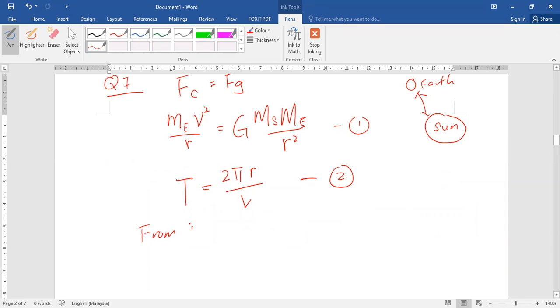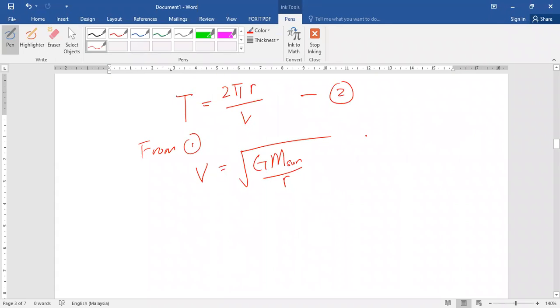From equation 1, we get that v will be equal to the square root of G M of the sun over the radius. Let's say this is equation 3. Substitute equation 3 into equation 2.